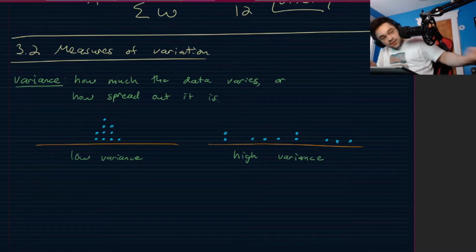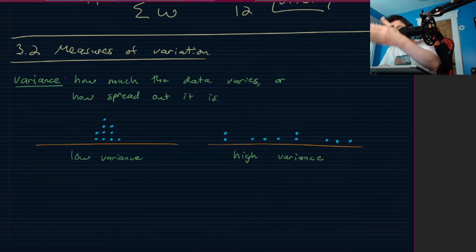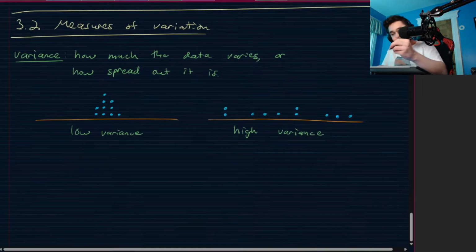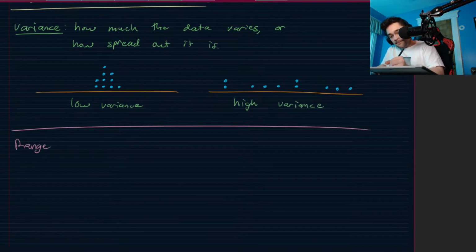Okay, and so in this section, we'll define a couple of measures that help us discuss how much variation there is in the data. The first one being range, which I mixed up just a second ago, remember? The range is the highest value minus the lowest value.